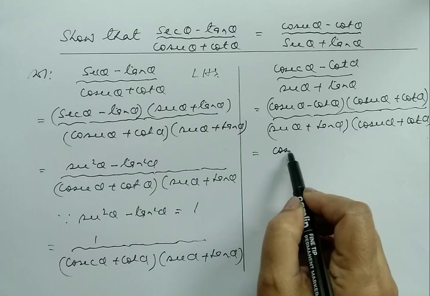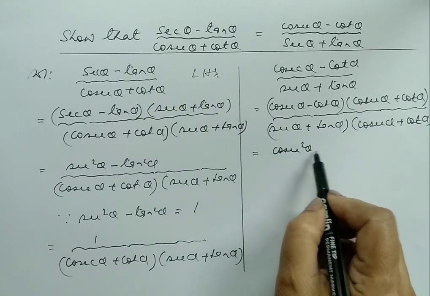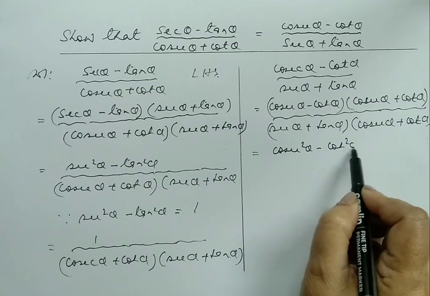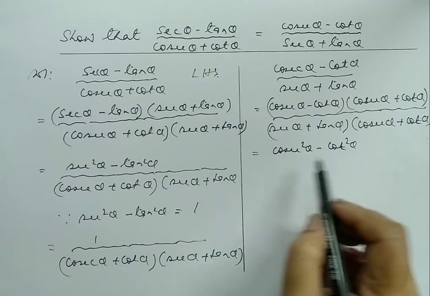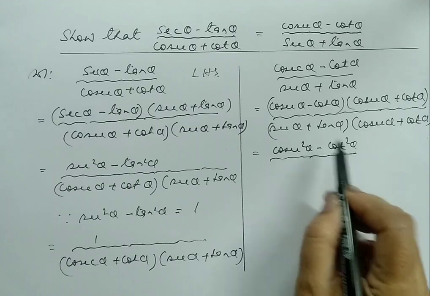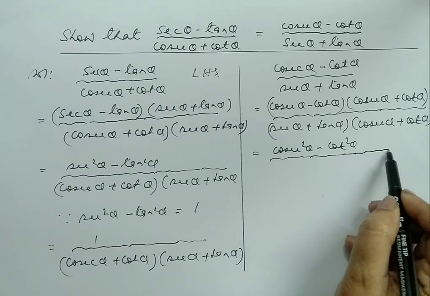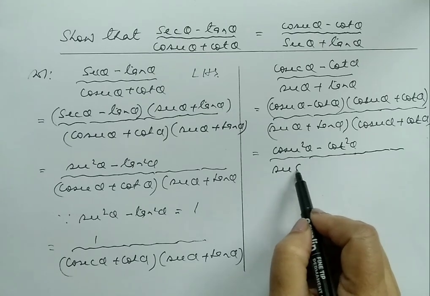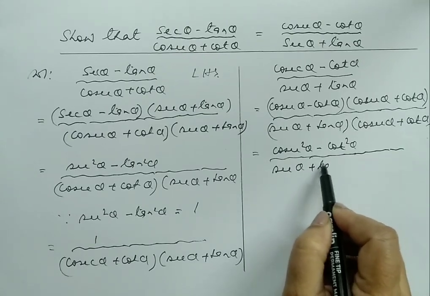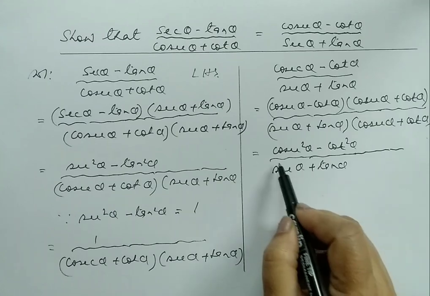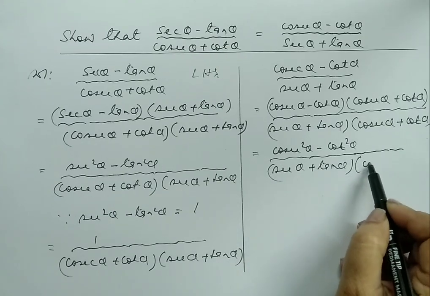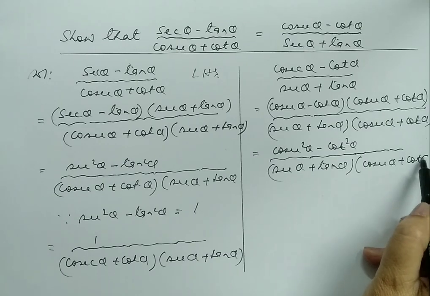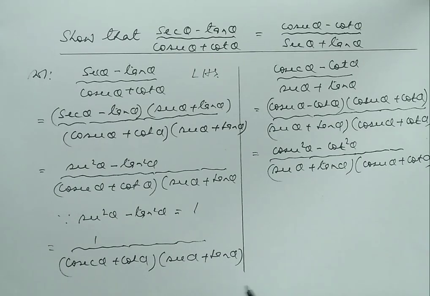So we can very well write cosec square theta minus cot square theta over the entire thing, sec theta plus tan theta and cosec theta plus cot theta. Alright.